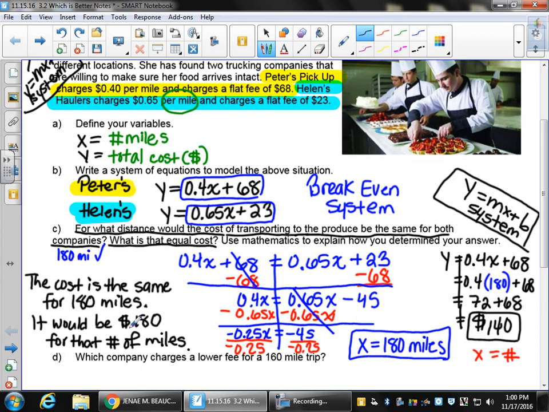There are many, many ways to write that sentence, as long as in some way, shape, or form you're saying that the equal distance is 180 miles for when it'll cost the same, and that cost is $180, that works.